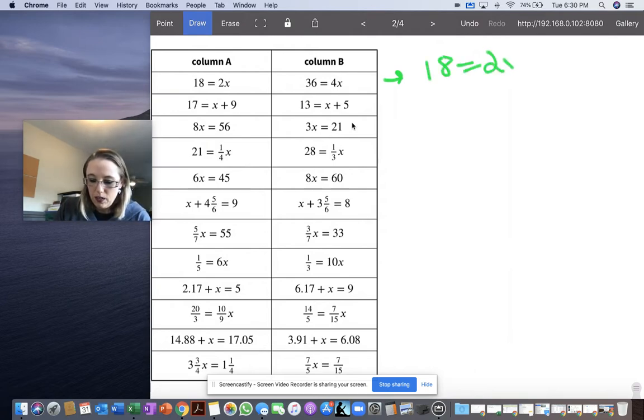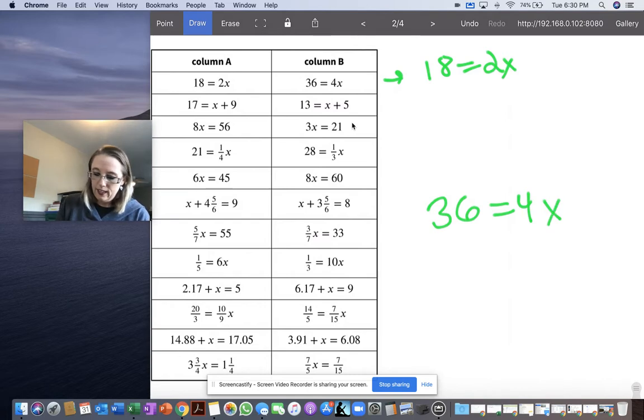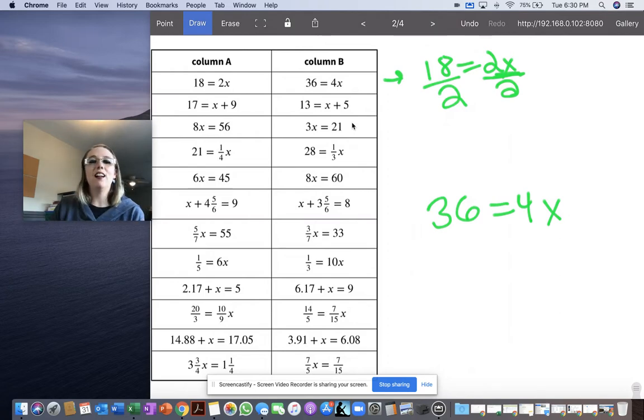18 equals 2x, and 36 equals 4x. Okay? So to get this x by itself, you need to divide by 2. When your term, your x, is held by multiplication, you need to use division, or the opposite, to get rid of it.